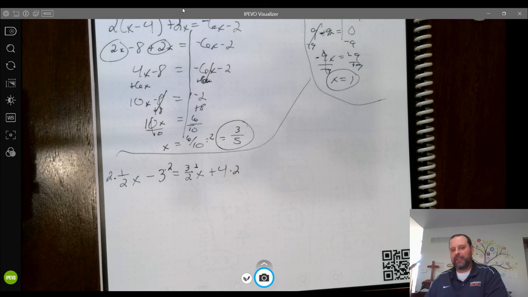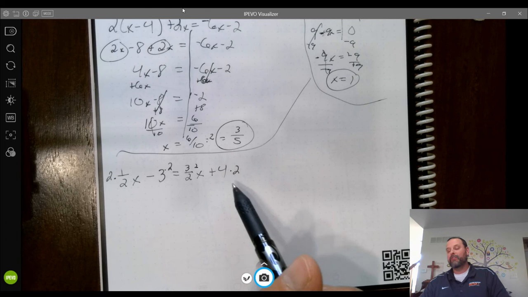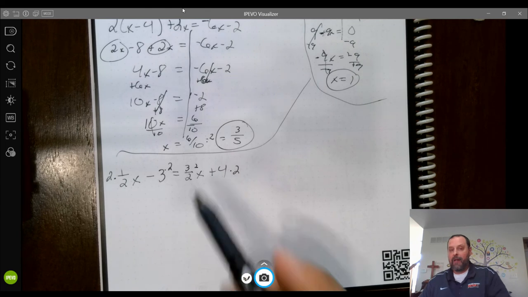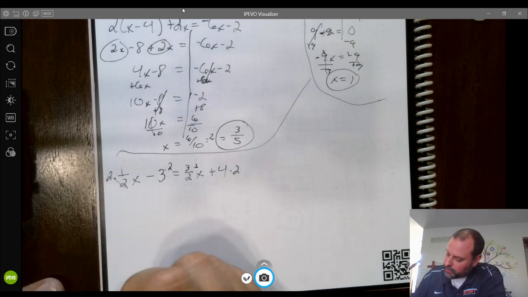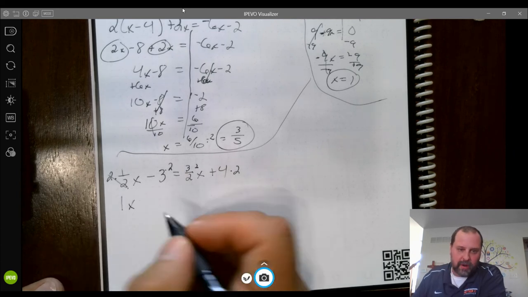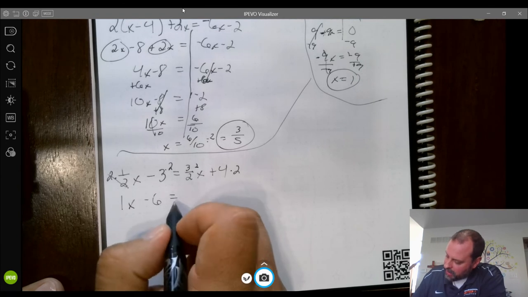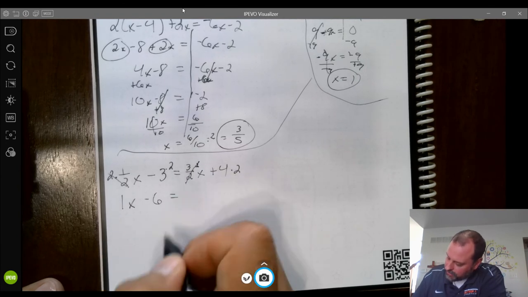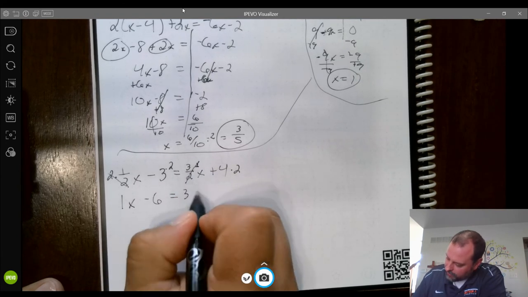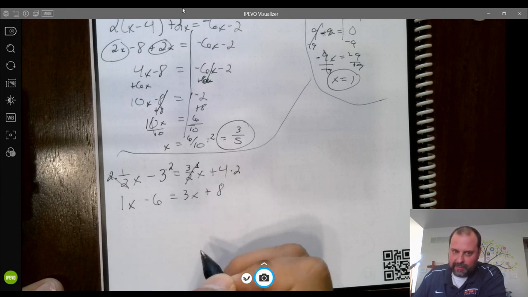So everything, if I'm going to try to get rid of that fraction, I need to multiply all of the parts by that 2. So in this case, 2 divided by 2 cancels out. I'm left with 1x. Could leave the 1 if you want. 3 times 2 is -6. Here, the 2's cancel. I'm left with just 3x. And then 4 times 2 gives me 8.